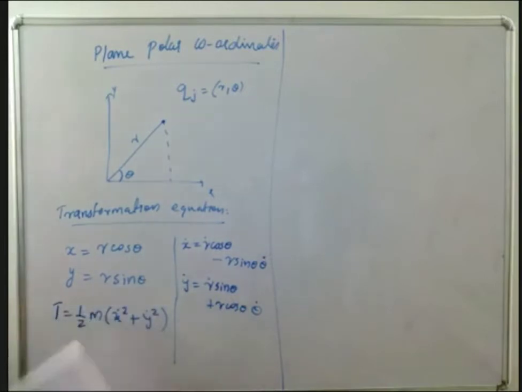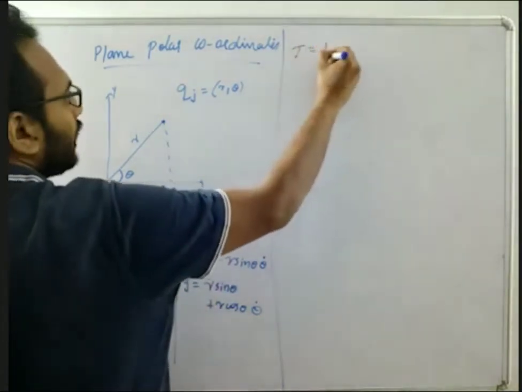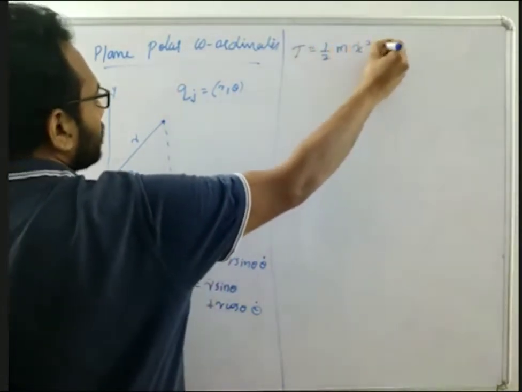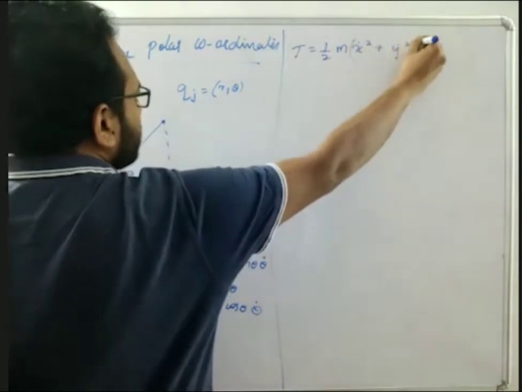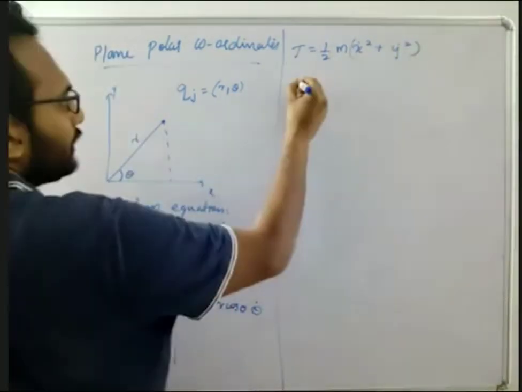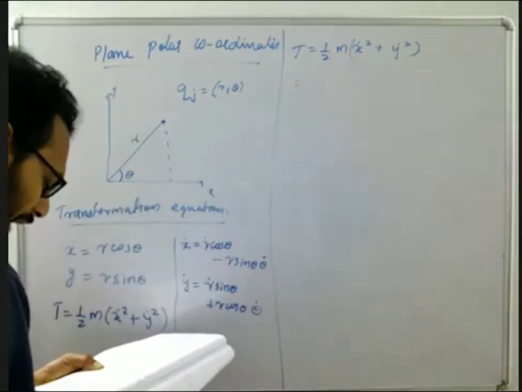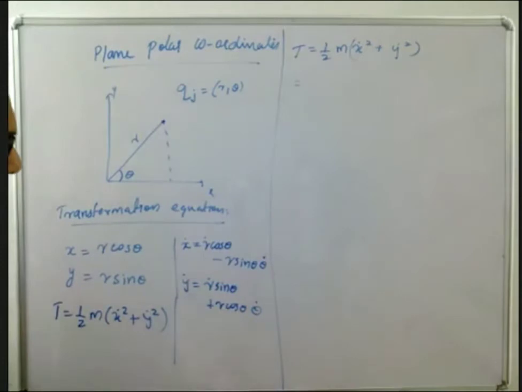Now we can find the kinetic energy. T is equal to half m (x dot square plus y dot square). Just square these terms and add. You will see that there are some cancellations, and cos square theta plus sin square theta is 1.